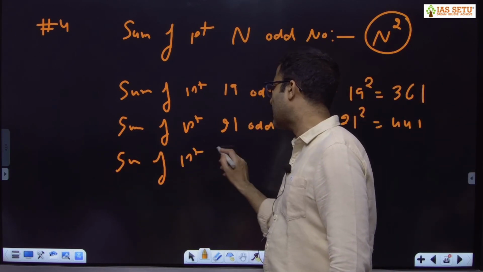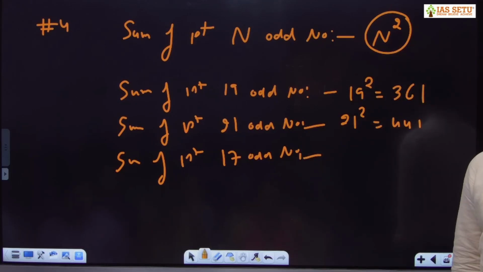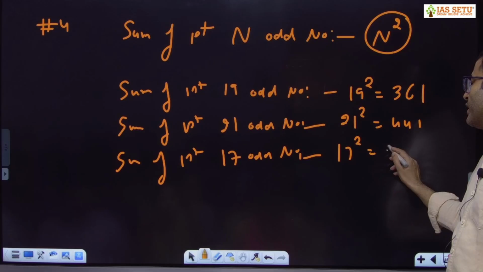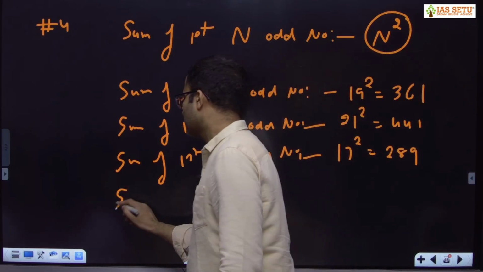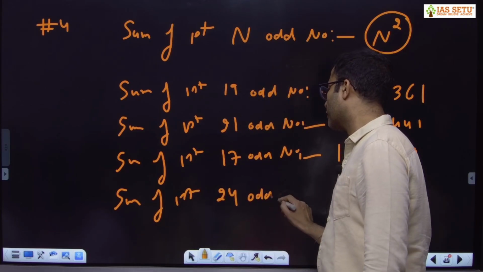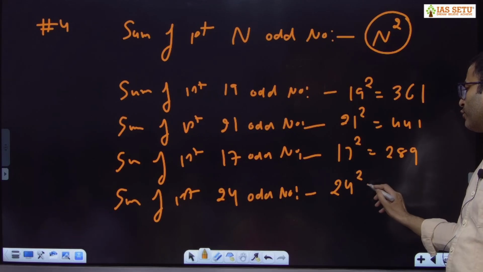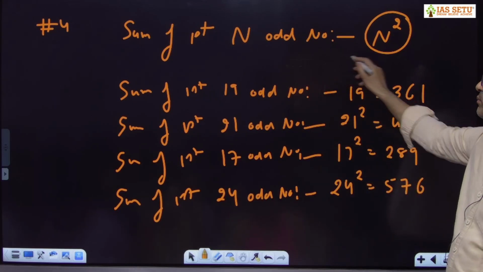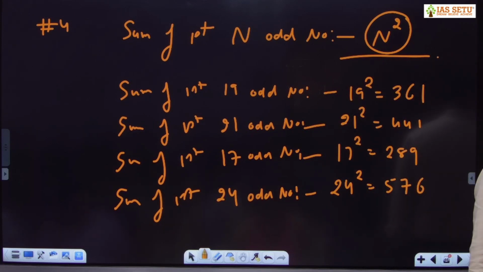Sum of 17 odd numbers. What is 17 square? 289. Sum of 24 odd numbers: 24 square, and 24 square is 576. So the formula here is, sum of n odd numbers is n square.